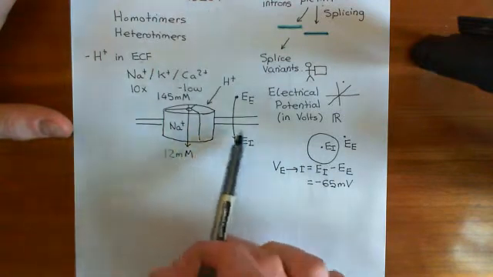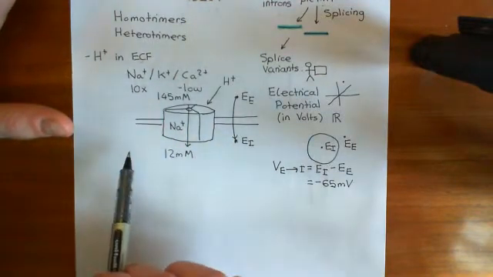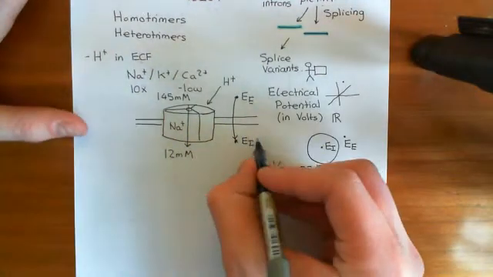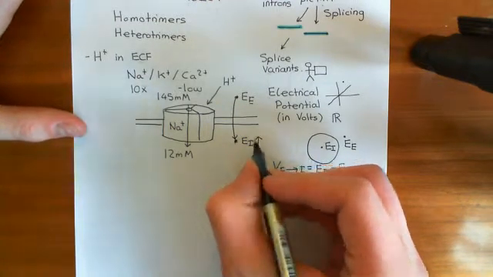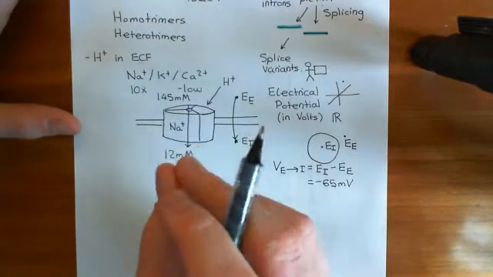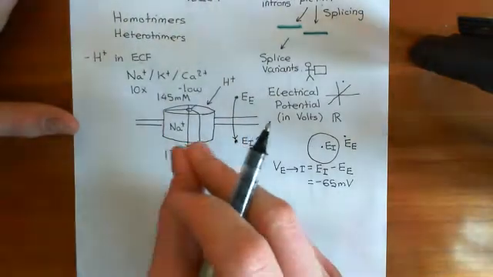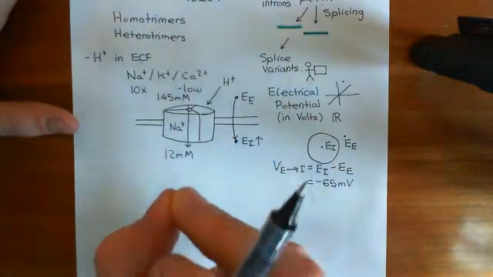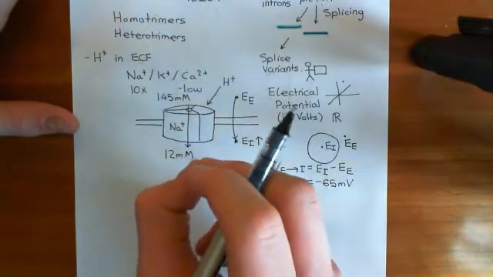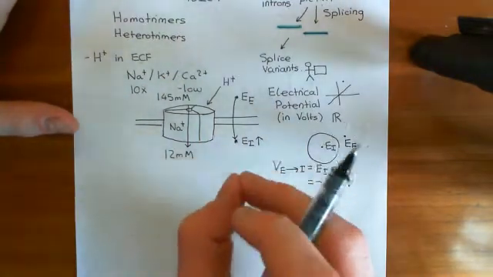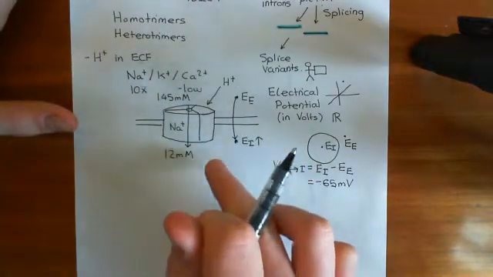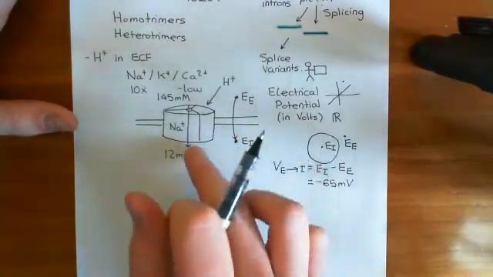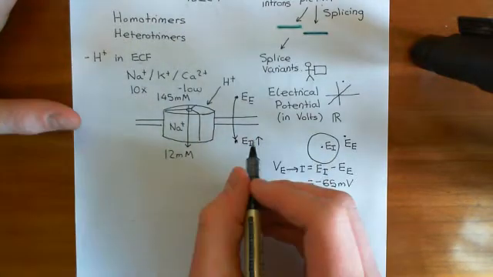We are dumping sodium ions into the intracellular compartment, so we are raising its electrical potential. Let me repeat that, because it's worth repeating. Sodium ions have a positive charge. Where you have positive charge, the electrical potential of that area will be higher. We are moving positive charge into the intracellular compartment, therefore its electrical potential is going to go up.